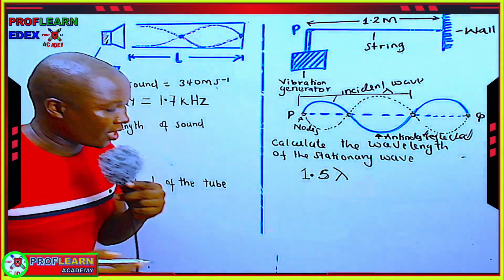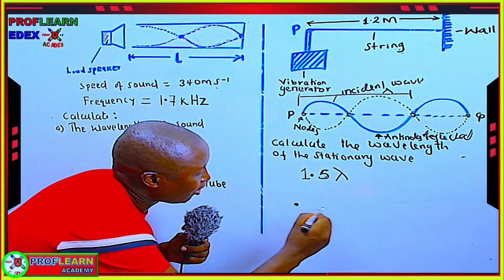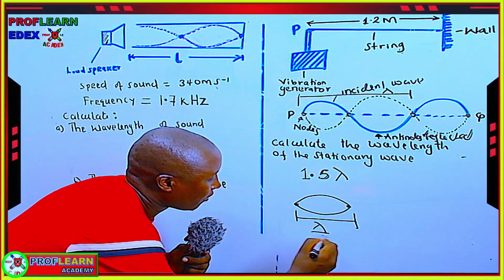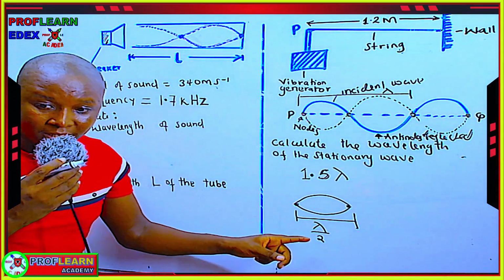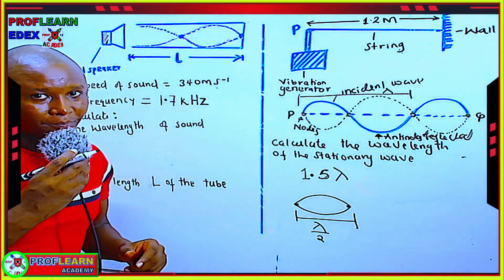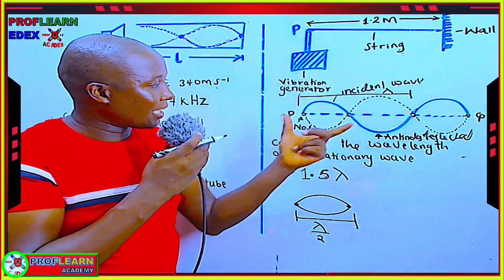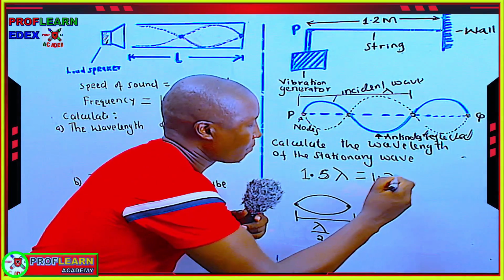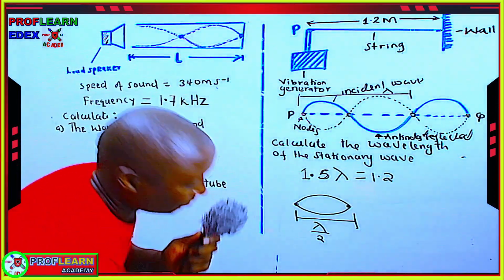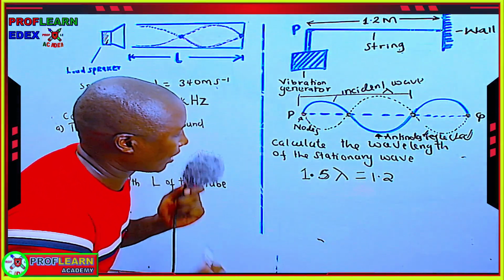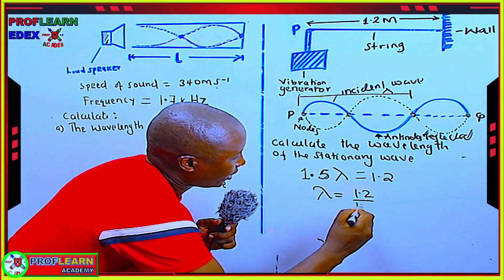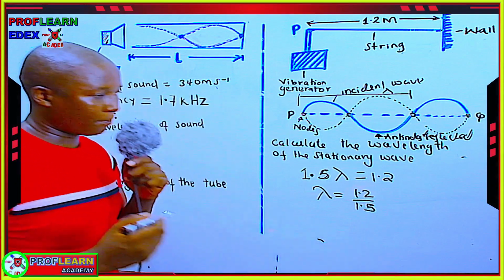For standing waves, if you have a node and a node, this part gives you half a wavelength. The 1.5 wavelengths are spread through the length of the string, which is equivalent to 1.2 meters. So we can work out the wavelength of this wave: the wavelength is going to be 1.2 divided by 1.5.